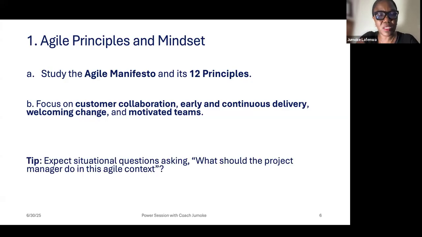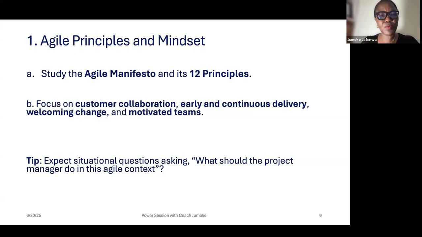My tip on this is expect situational questions, because the exam is not going to ask you what is adaptive, what is predictive. It's going to paint a scenario and would ask you that, as a project manager, what should you have done to avoid this? What should you do to address this? Or what is the first thing to be done after this? So I would be treating some questions with us at the end.